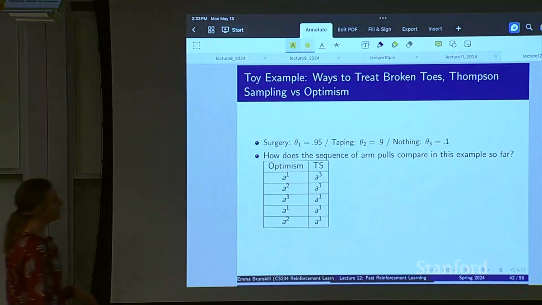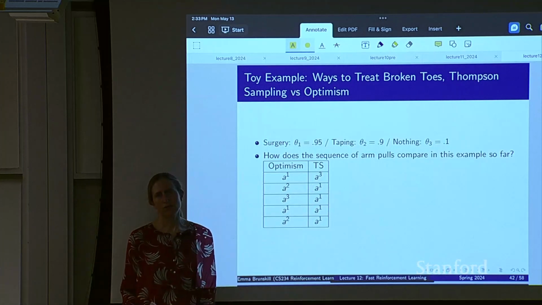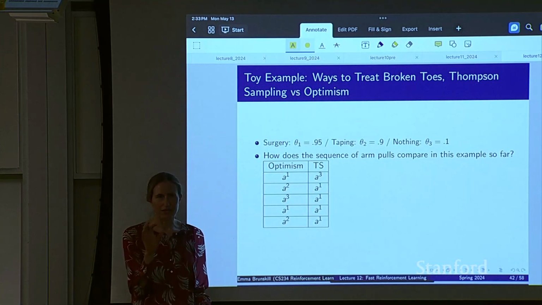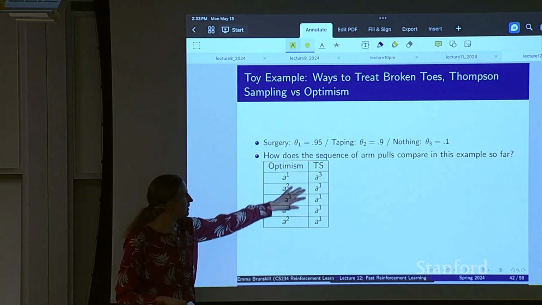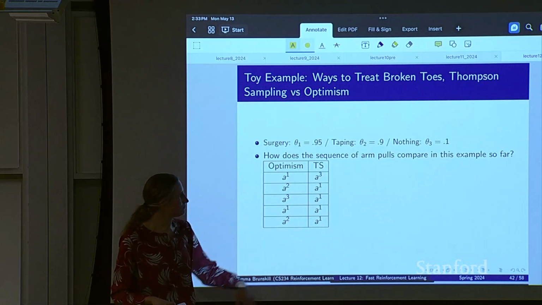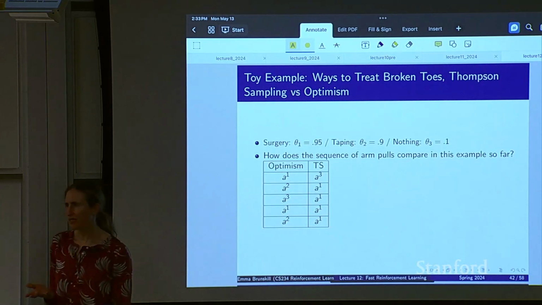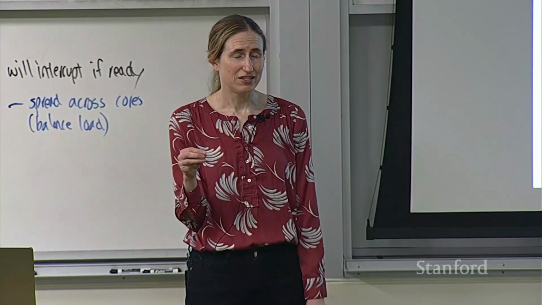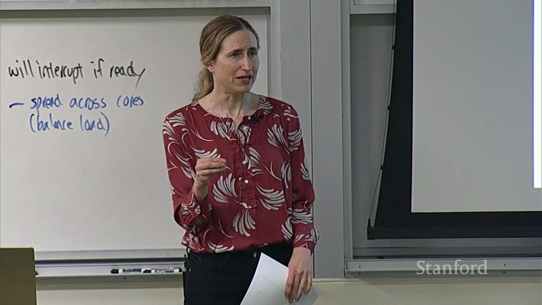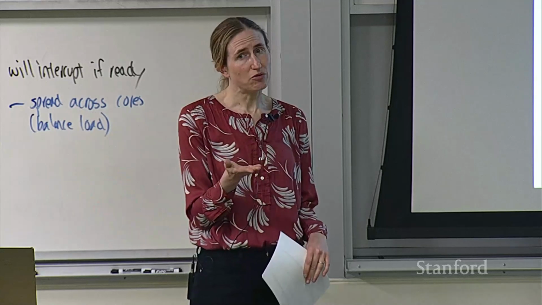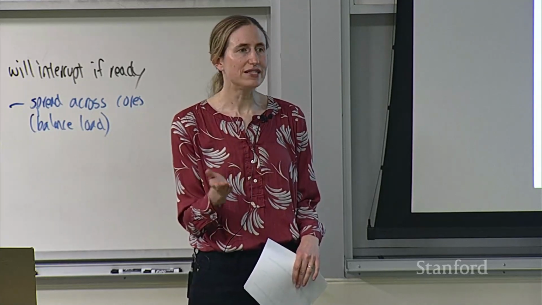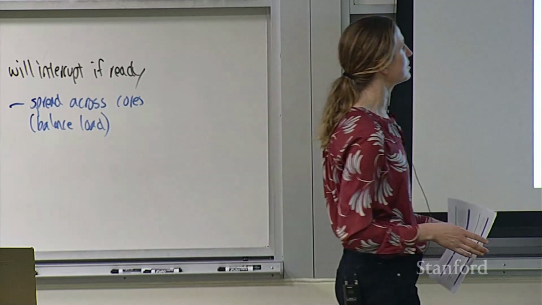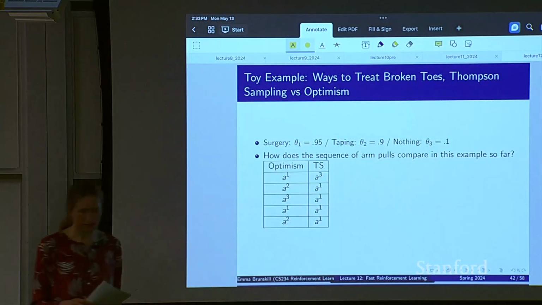But we haven't done that yet. And A1, which generally does have a higher probability in this case of having good outcomes, is starting to be pulled. So it's quite different from the optimism methods, because in optimism we had to at least pull each arm once, so we could even start to initialize our confidence bounds. That's not the case here. We already have a prior over what the values are, and we can immediately start using that to make decisions. Okay.